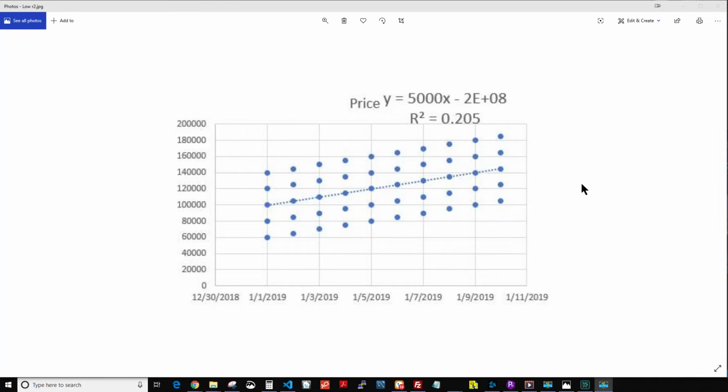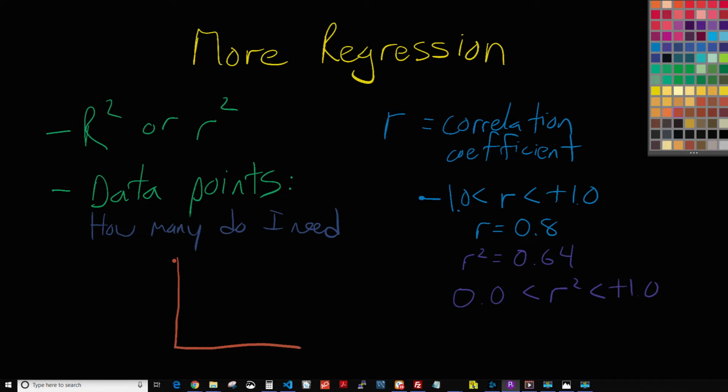But what you might get is something that looks like this, where, let's say these are sales, and in this case X is GLA and Y is sale price.